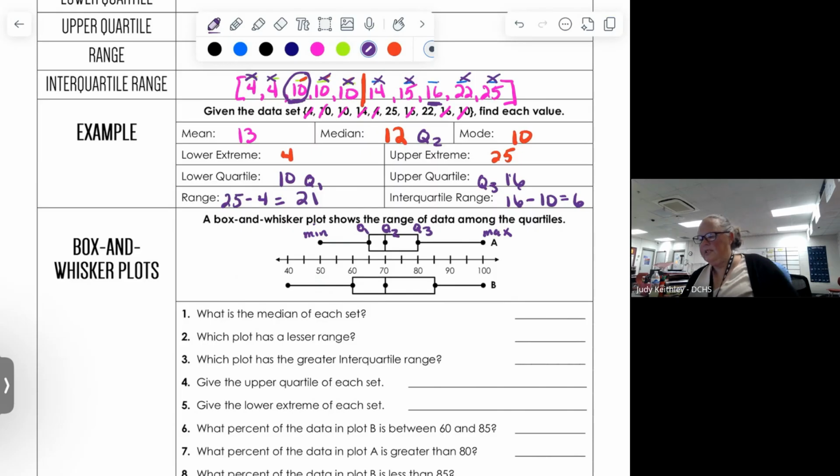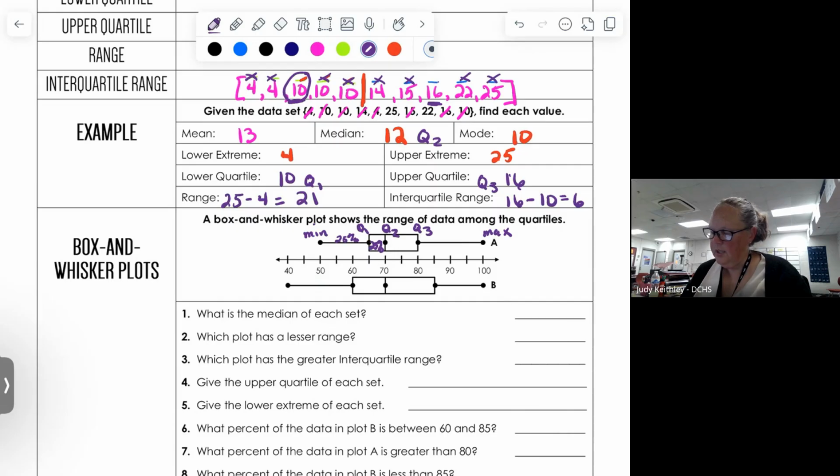Now, one of the things that is important about box and whiskers is that data is split up. So from minimum to Q1 is 25% of my data. From Q1 to Q2 is another 25% of my data.